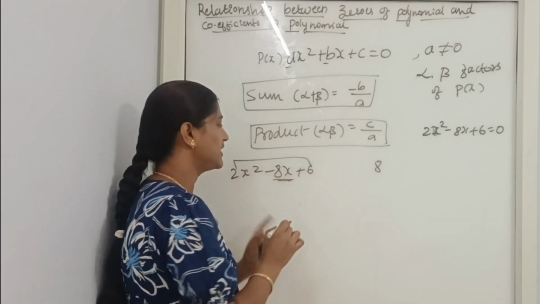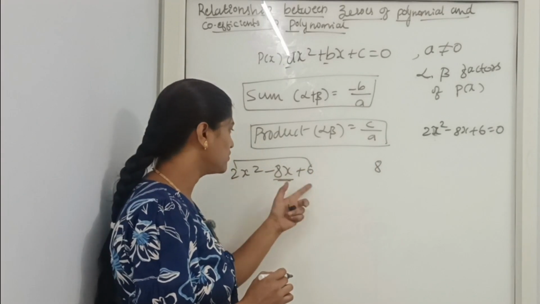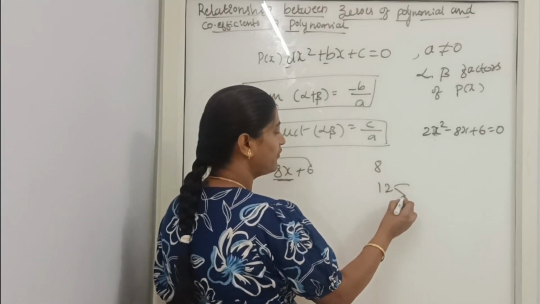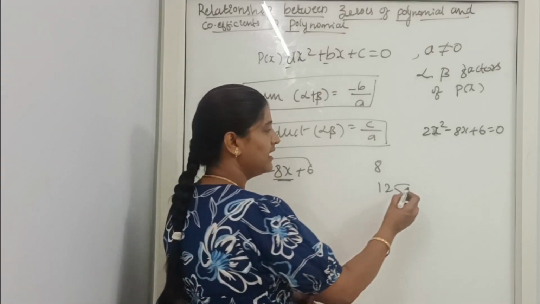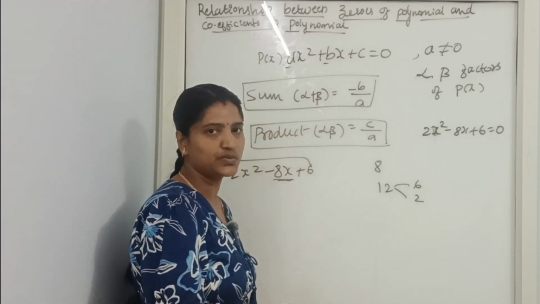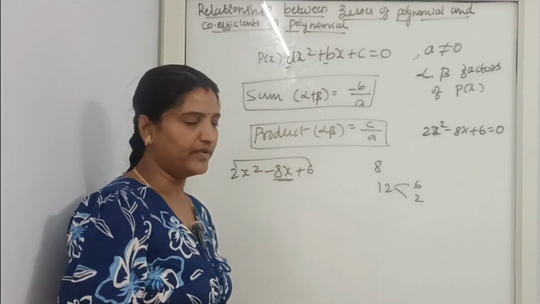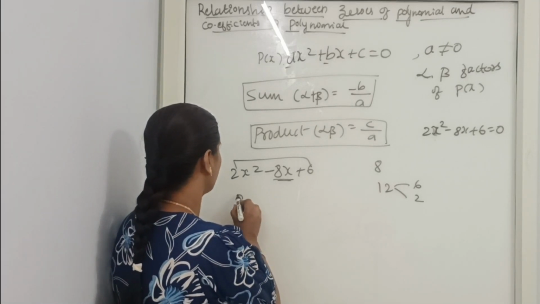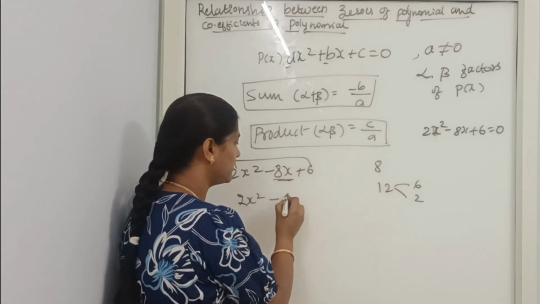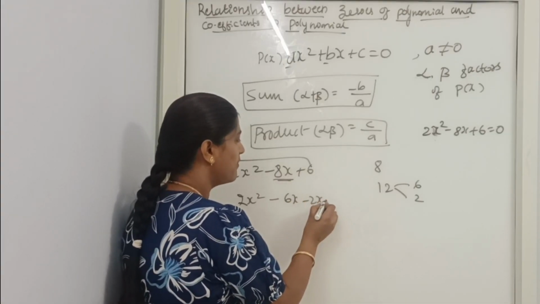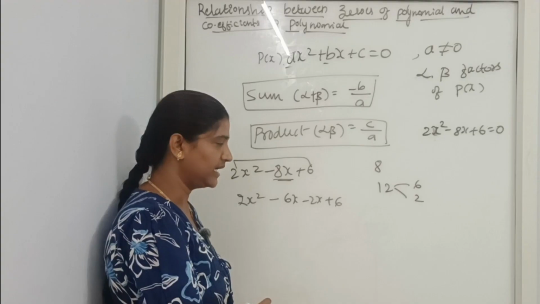First and last term multiplication, 2 into 6, is 12. We need to find its factors wherein 8 should come by adding or subtracting, so better we go for 6 and 2. 6 plus 2, 8 will come. In the place of minus 8x, you can go for minus 6x minus 2x.